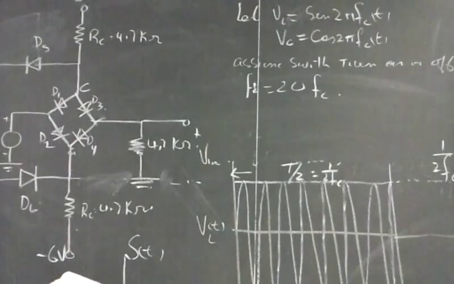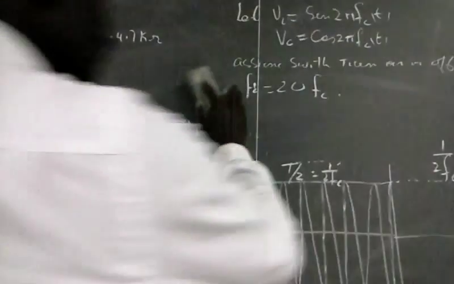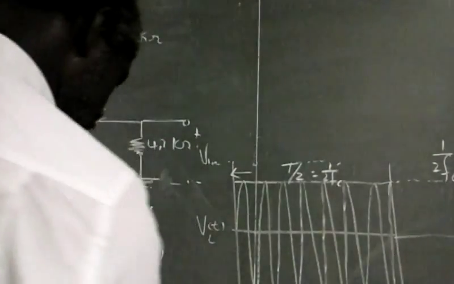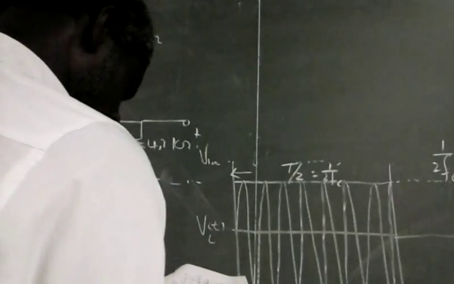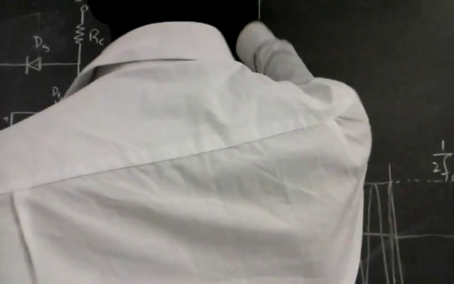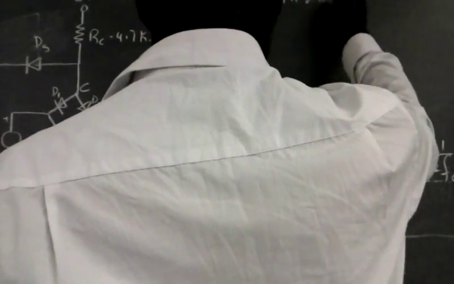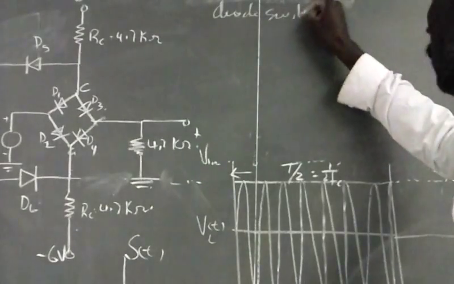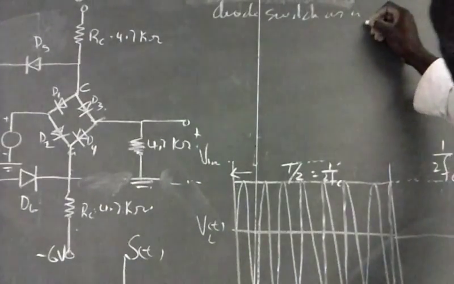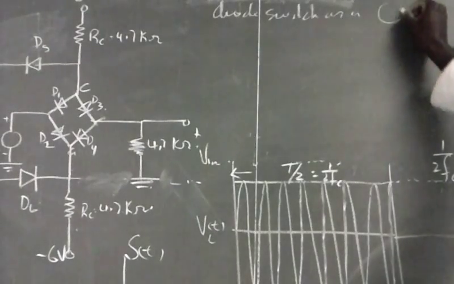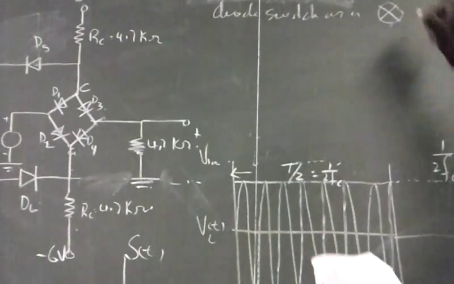Let's see which one of these diagrams we should remove. Now for the diode switch as the multiplier, I'm just going to use this sign for multiplier right now.